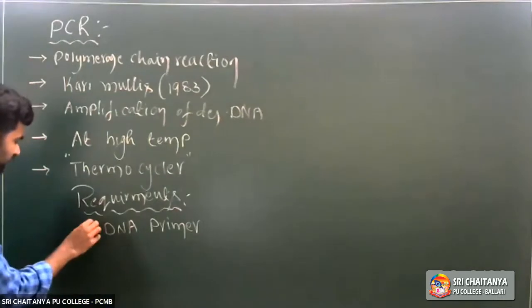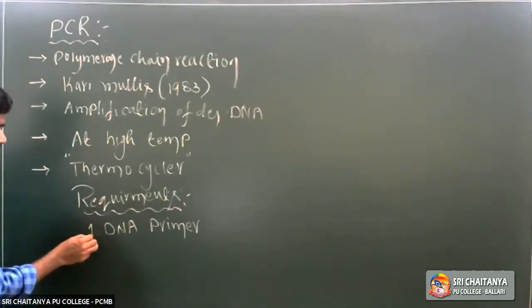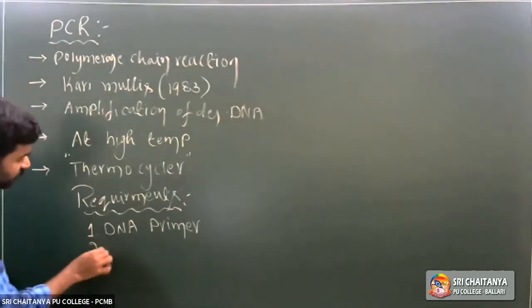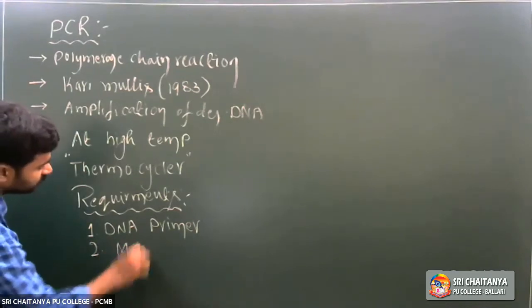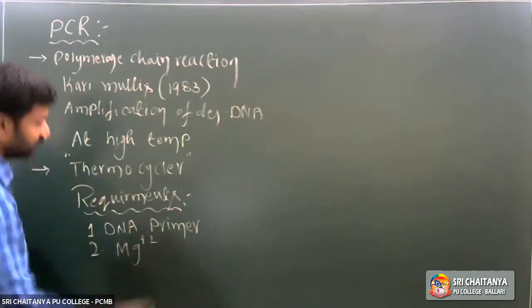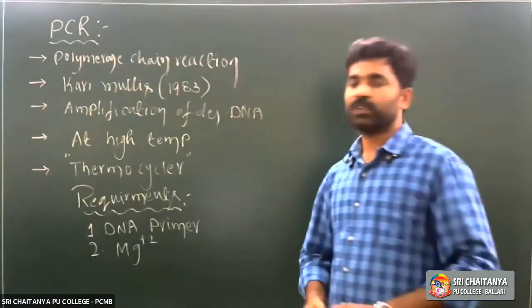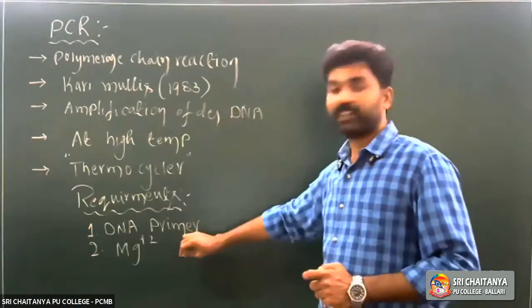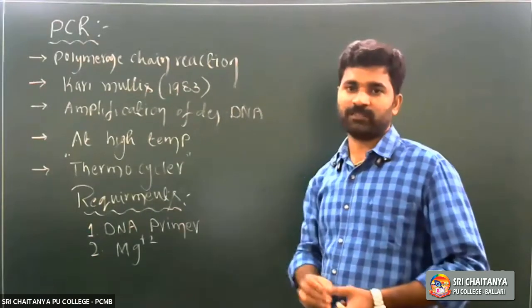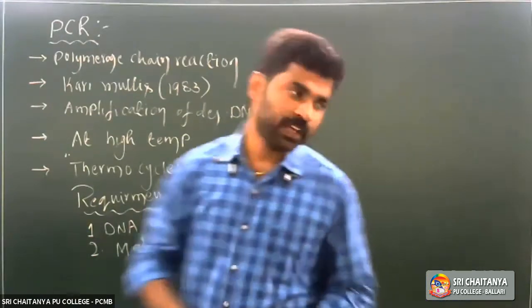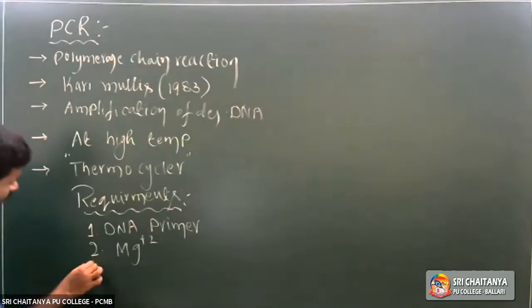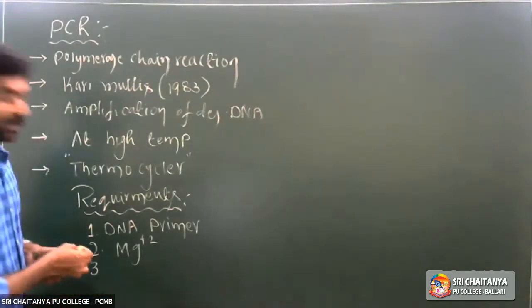In addition to DNA primer, it requires magnesium ion. What is the function of magnesium ion here? The enzymes which participate in this technique are activated by the magnesium ion, right? Third one, oligonucleotides.